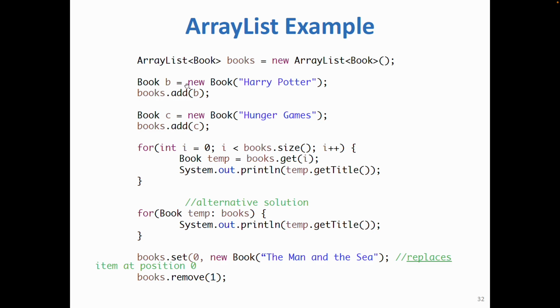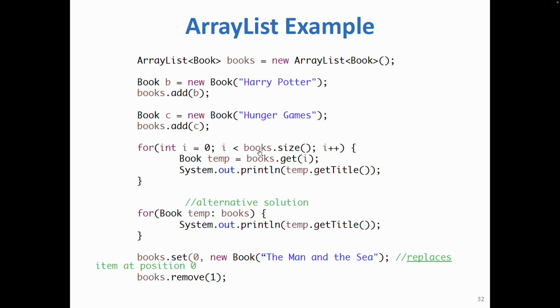For each book that I would like to put in it, I will call new Book. I will call its constructor, so I will create a real instance of it, a separate instance. And then, when I first create it, I can say books.add, the same thing by using the add function. I can add all these book objects that I created, and then all the others are the same.